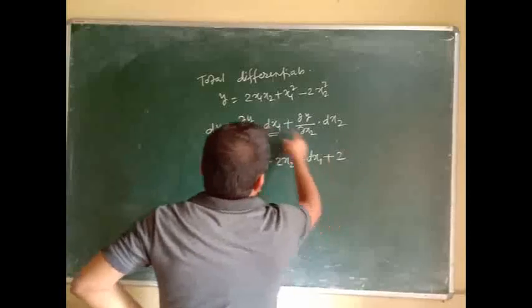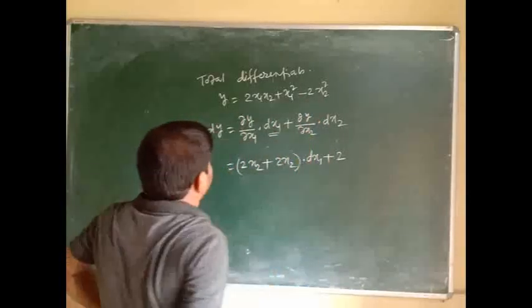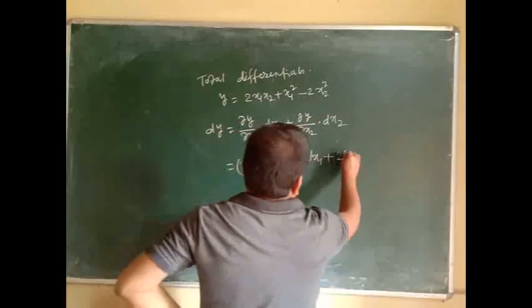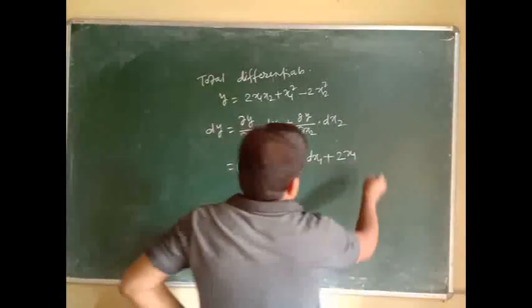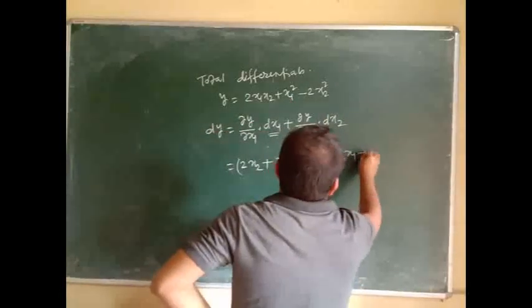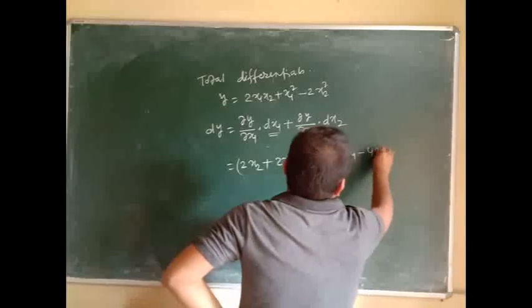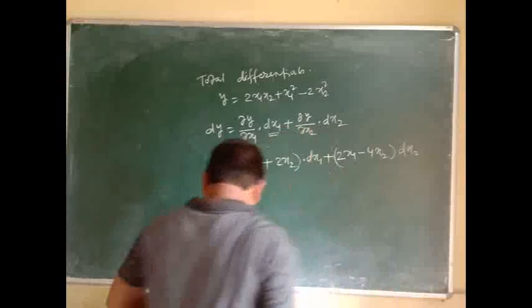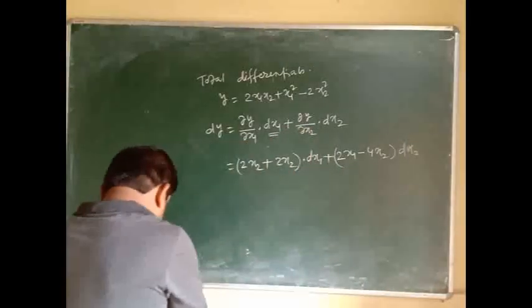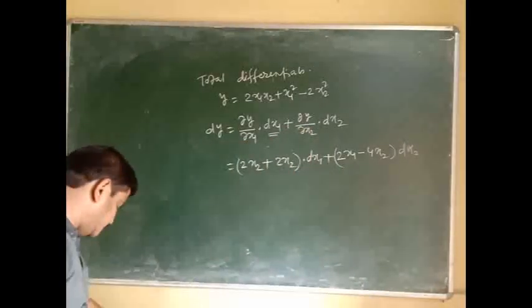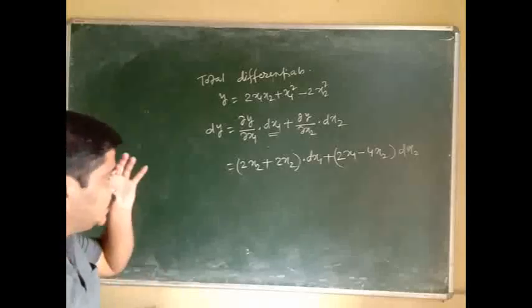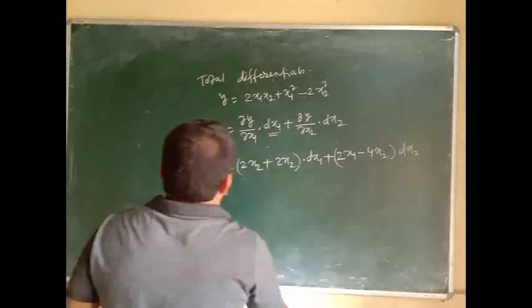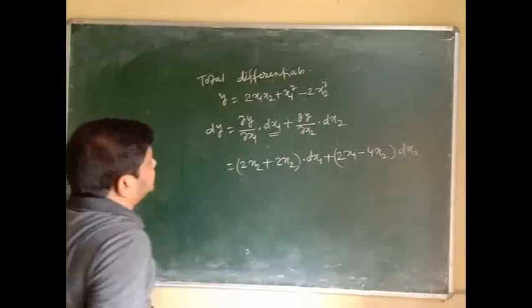Here if you differentiate this with respect to x2, the x1 square part will vanish, and 2x1 minus 4x2 into dx2. So that is our dy, that is our total differential.